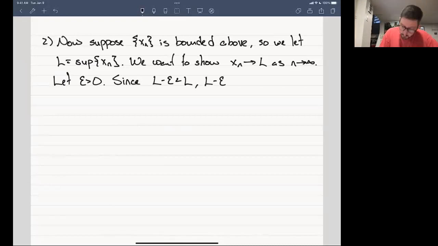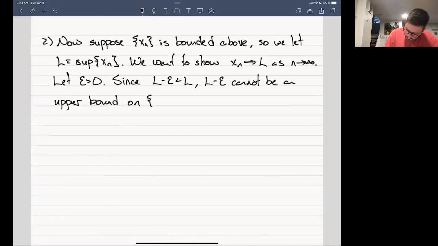By definition, L minus epsilon cannot be an upper bound on xn. Now, why is that the case? Well, this just comes from the definition that the supremum is the least upper bound. And that says that if you take anything smaller than the least upper bound, it doesn't work. There are elements of the set that are above that thing.